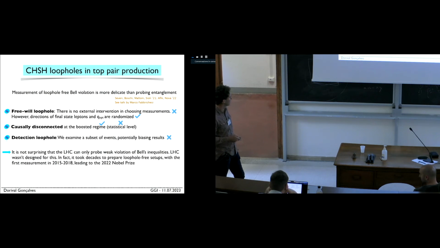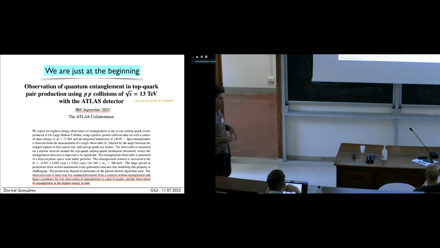We should keep on going. I believe that we are just at the very beginning, and that's what we saw here with James' talk. I hope the future analyses from ATLAS and CMS will also start obtaining results for the semi-leptonic tops. And I'm aware that this is already being pursued in both ATLAS and CMS.